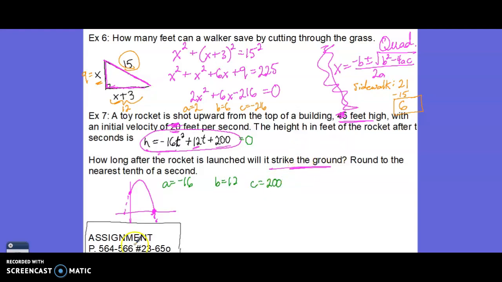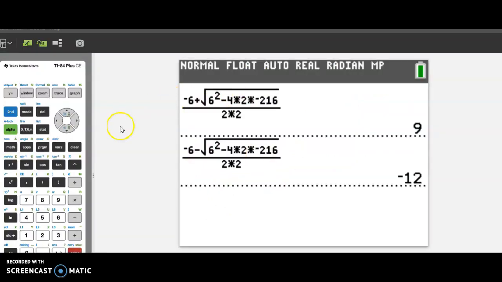As you work through the homework, which is already written right here, you'll notice that 200 feet high should be there, and 12 feet per second should be that number. But anyway, let's go to a calculator.